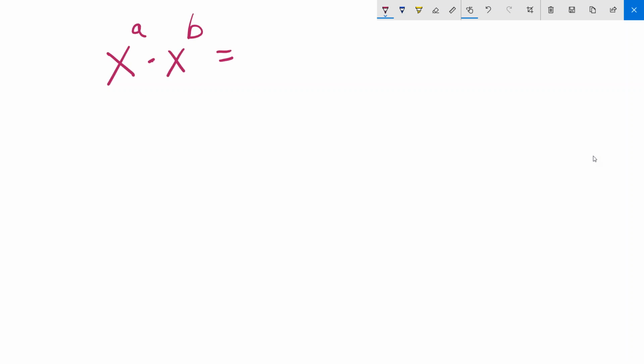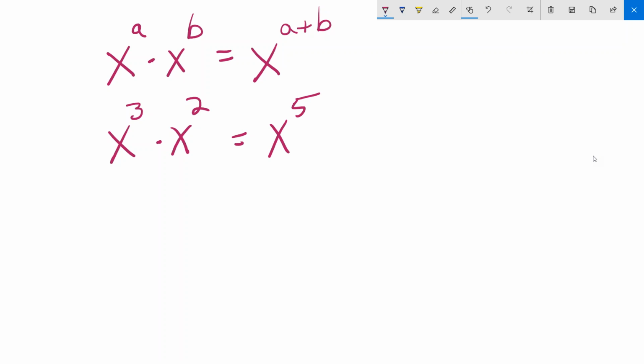When you have multiplication at the same base and you have different exponents, you add them. So if I have x cubed times x squared, what is that? X to the fifth. Not x5, it's x to the fifth.